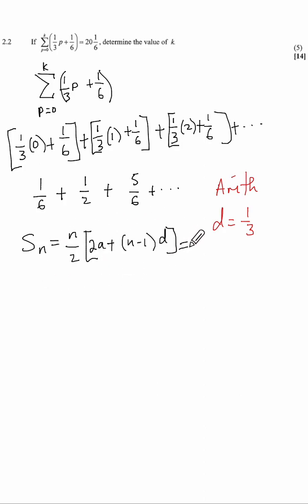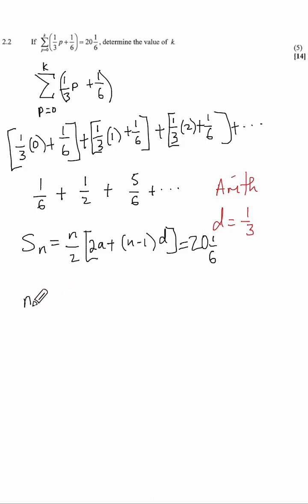And we are given that the sum of the terms is 20 and 1 over 6. We're going to convert that to an improper fraction. So we want a process which can help us find what n is. Then with n, we will be able to determine what k is.